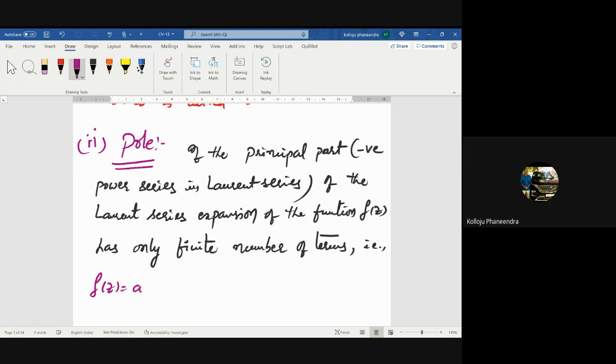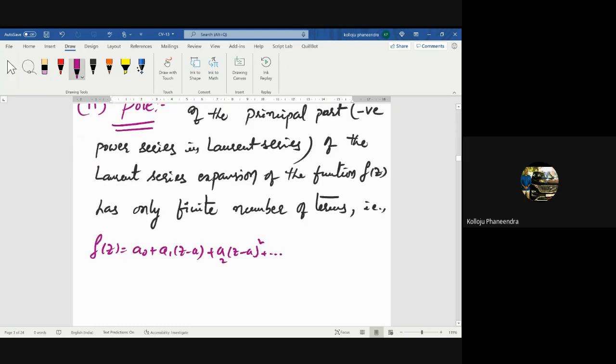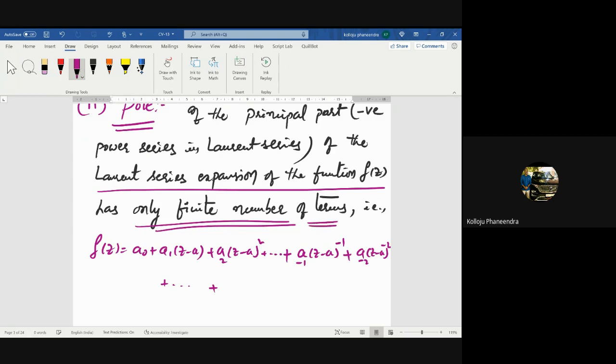Okay, that is what f of z equal to. Positive powers are there: a naught plus a1 into z minus a plus a2 into z minus a whole square and so on. Positive powers may be there, may not be there, doesn't matter. But when I come to negative powers, a minus 1, z minus a whole power minus 1, a minus 2, z minus a whole power minus 2, and so on, having what term? The Laurent series expansion of f of z has only a finite number of terms.